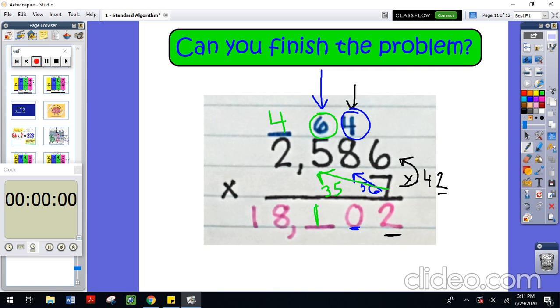And to make sure we're correct, we finish it out by doing 7 times 2. 7 times 2 gives us 14, plus the 4 at the top, which would be 18. That tells us that 2,586 times 7 is equal to 18,102.